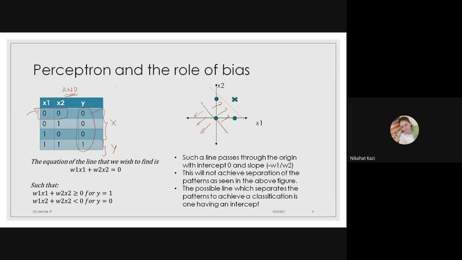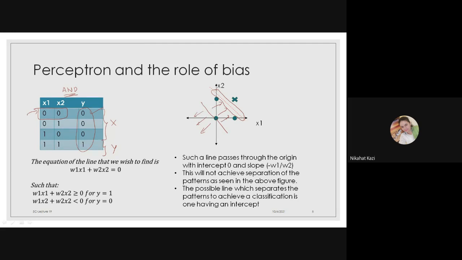There could be n number of lines here, in this region. This is the possible region where any line that can be drawn will separate the patterns.